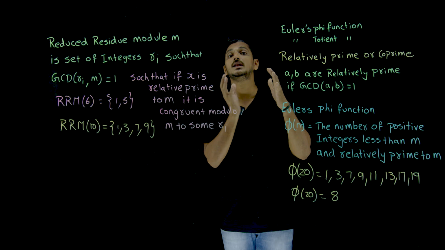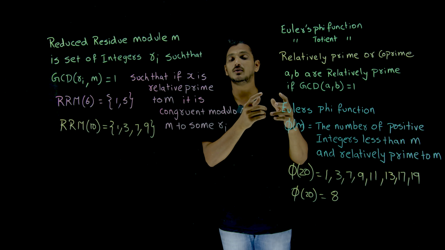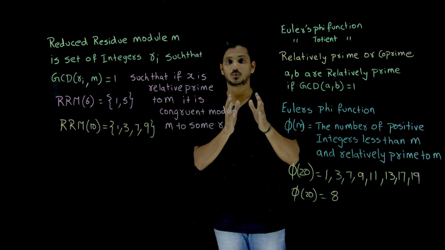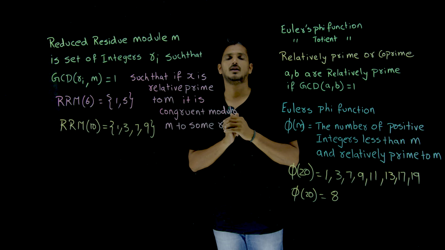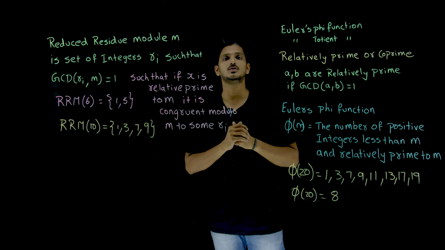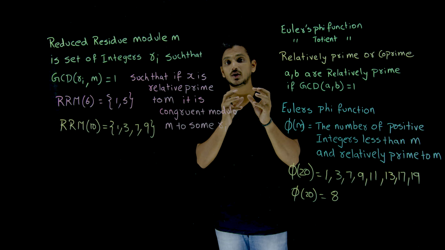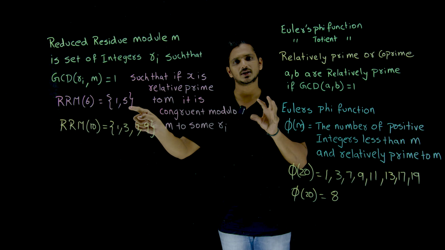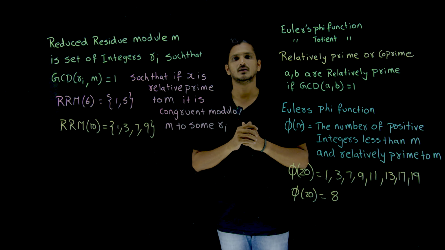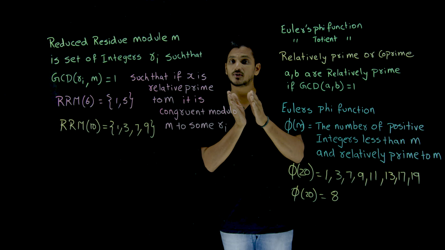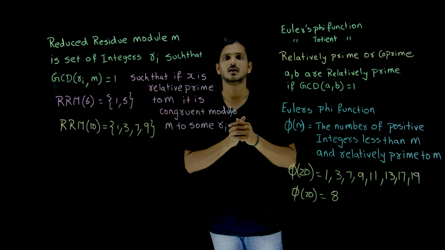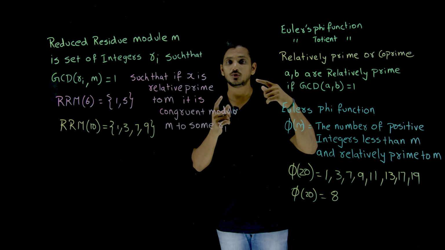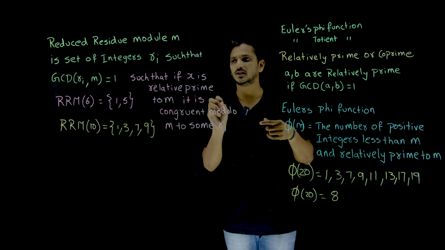But there are so many numbers which have a GCD value equal to 1. Suppose, let's take an example, 7. GCD of 7, 6 is equal to 1. But why have we not considered 7 in the reduced residue modulo set? And similarly, GCD of 11, 6 is equal to 1. We have not considered that. So you need to understand the second part of the definition.